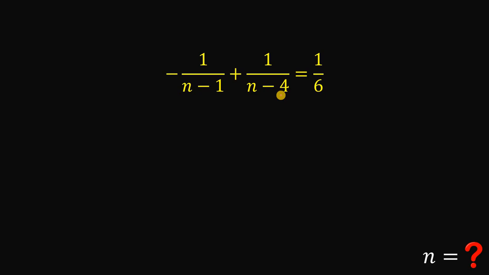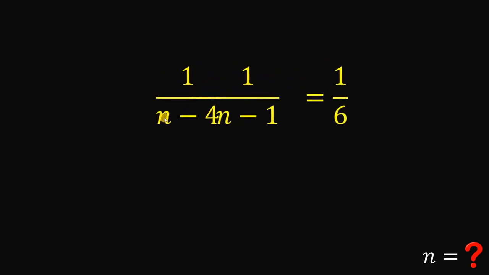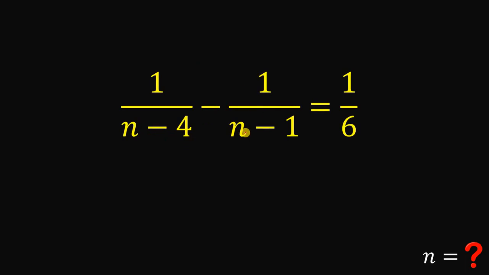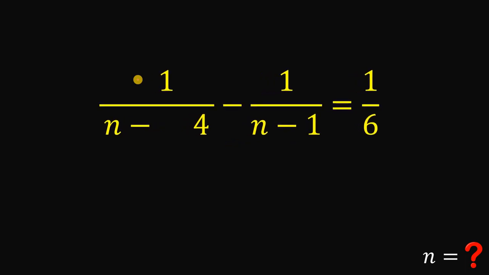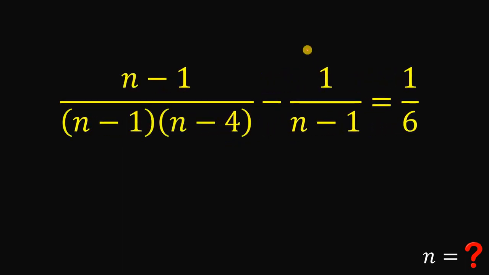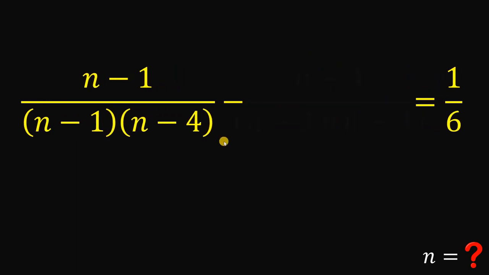Now, let's focus on this equation and rearrange some terms. We have 1 over n minus 4 minus 1 over n minus 1 equals 1 over 6. Let's multiply the first fraction by n minus 1 over n minus 1, and the second fraction by n minus 4 over n minus 4.